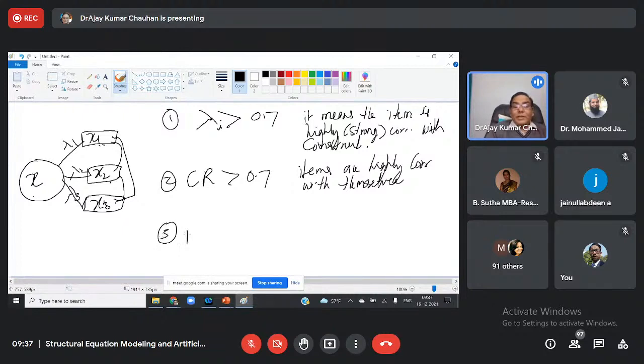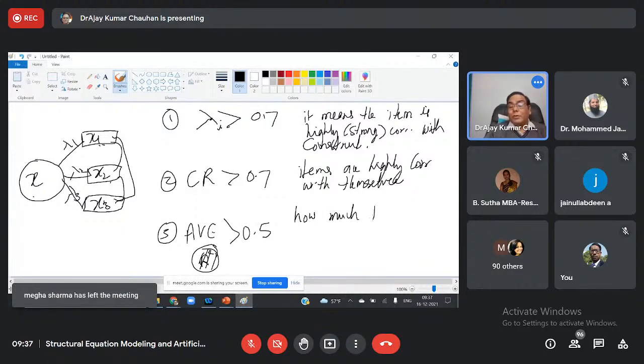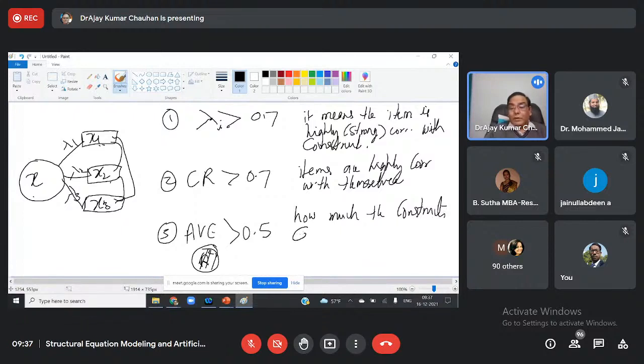The third condition is that AVE is greater than 0.5. So AVE is like R square. In regression, we have the term R square. It means how much the construct can be explained by the items.